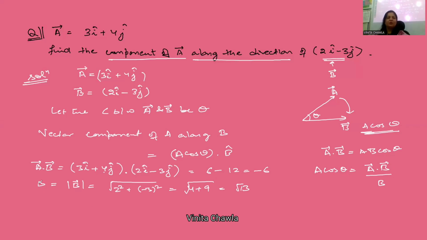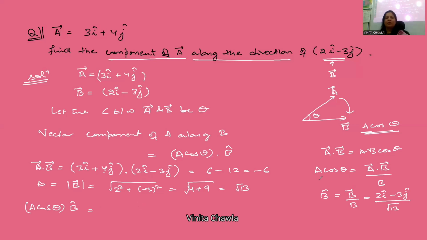Okay, so the vector component is A cos theta times B cap. This is what we have to find out, right? So B cap is vector B upon B. Vector B is 2i cap minus 3j cap, and B is √13. Now we will put all these values here.